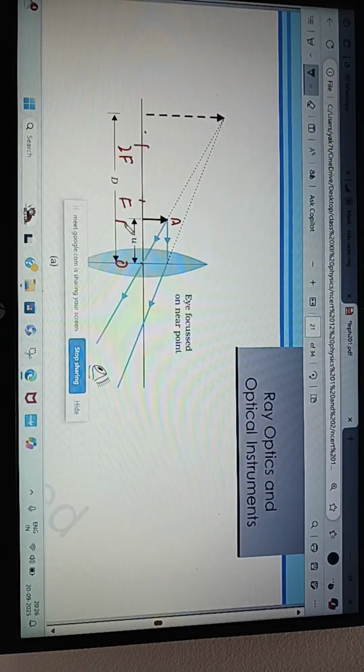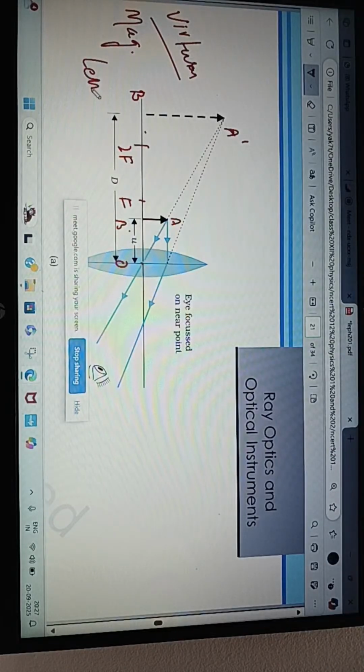A dash, B dash is the image. This image is virtual. Please remember, this question is asked every time. Yes, sir. Virtual image. It is not obtained on the screen. It will be enlarged. This is called a magnifying lens, which you use to see. Yes, sir. Okay.